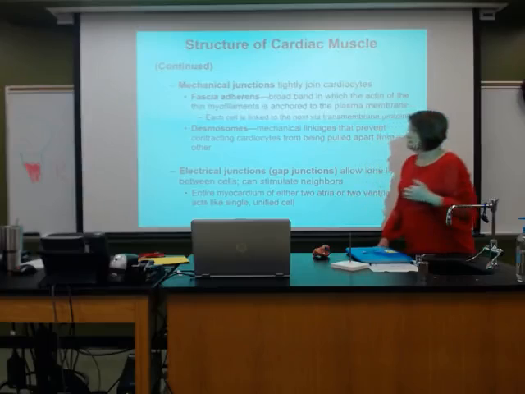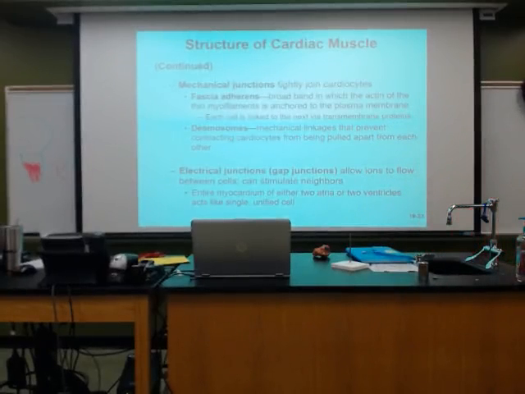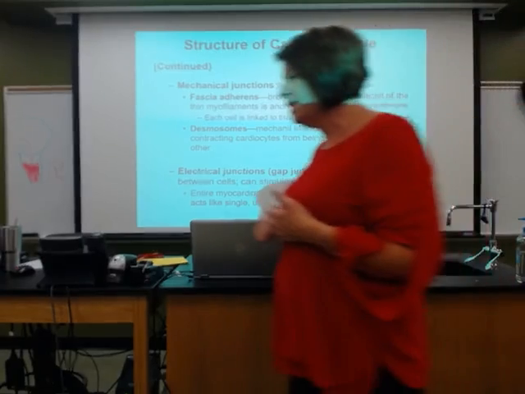This structure of the cardiac cells, we're going to find that, do you guys remember in part 1 the connections that existed between cells, where you had a gap junction, the tight junctions, and that sort of thing?